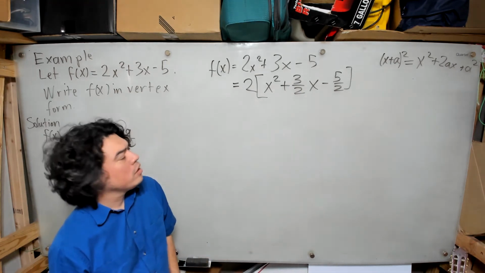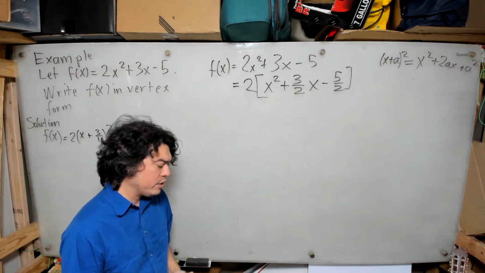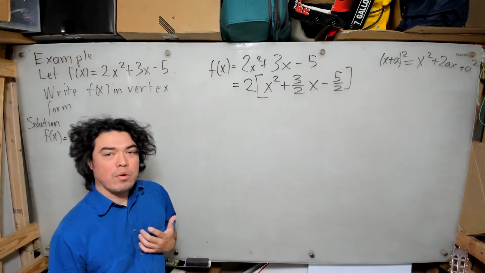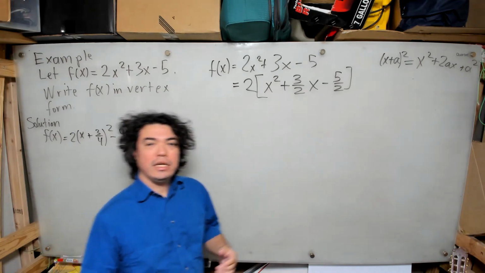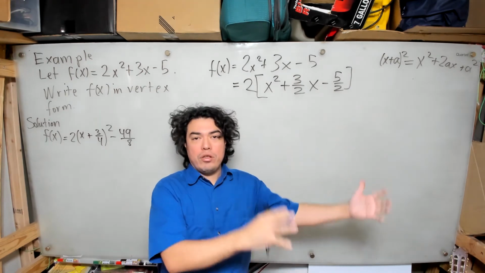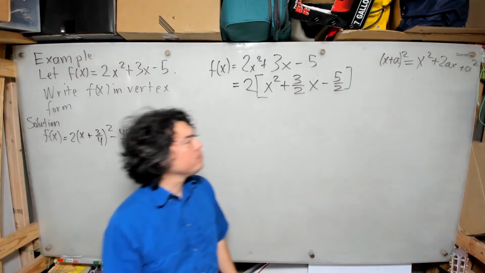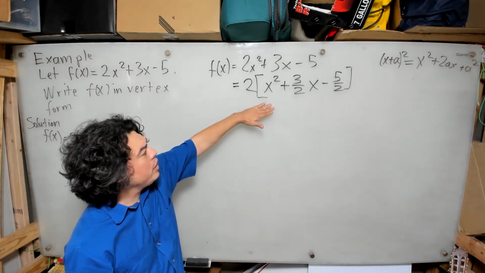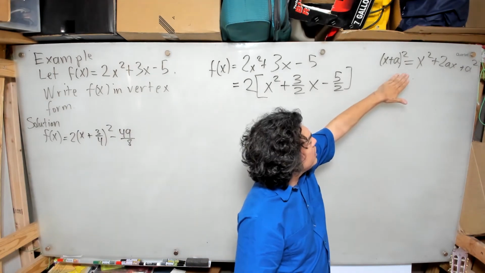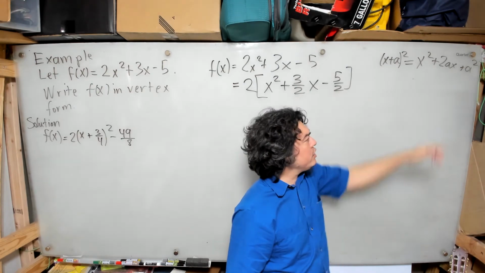Now, one of the things I want you to realize, as we do more and more completing the square together, is that it's basically just the replacement of one algebraic expression with another algebraic expression that is equal to it. Now here, we have our expression x plus a squared equals x squared plus 2ax plus a squared.